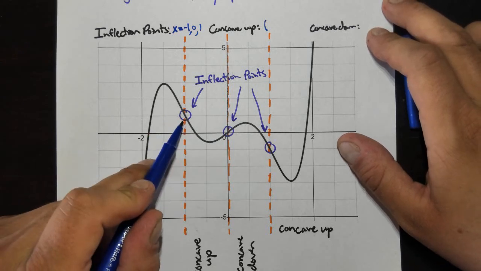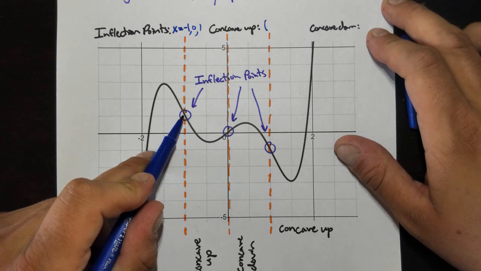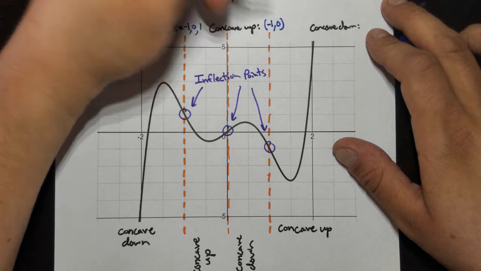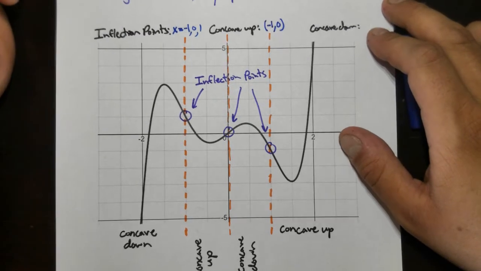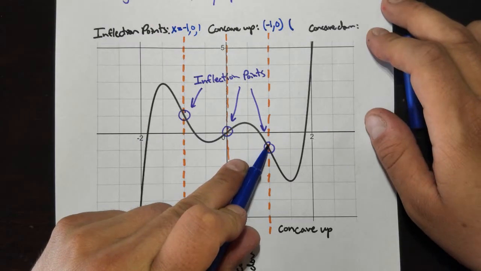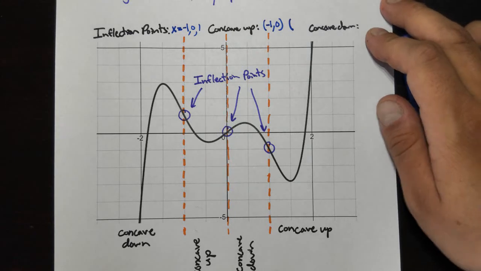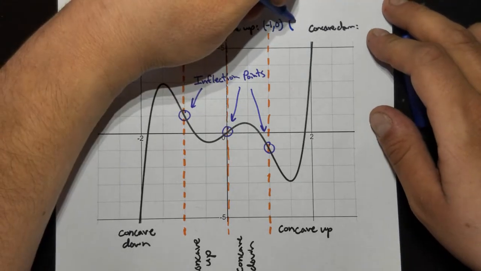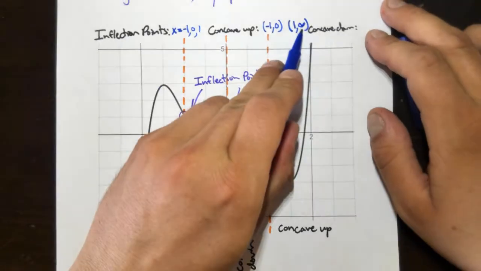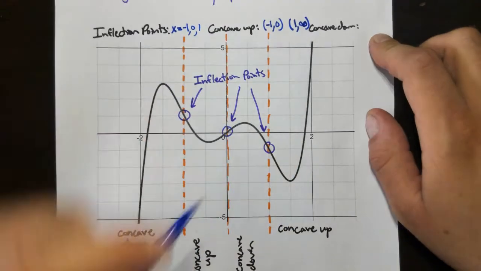Our first interval of concave up is from negative 1 to 0. And then our next portion of the concave up is from positive 1 to infinity, because it remains concave up as it reaches towards infinity. And that should be an infinity symbol. It's just not very good. Sorry about that. There we go.